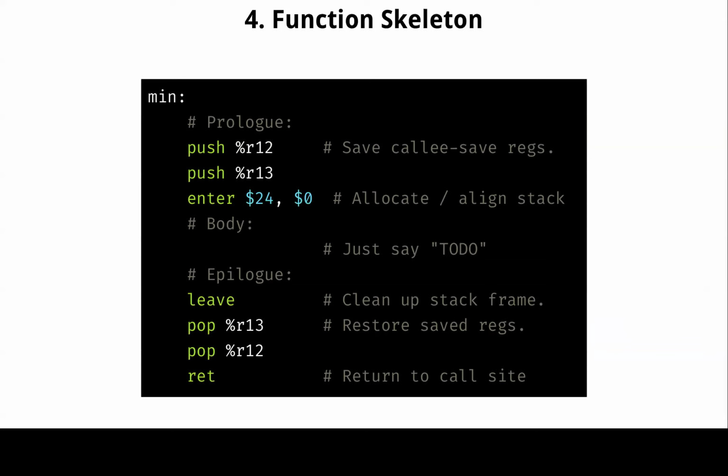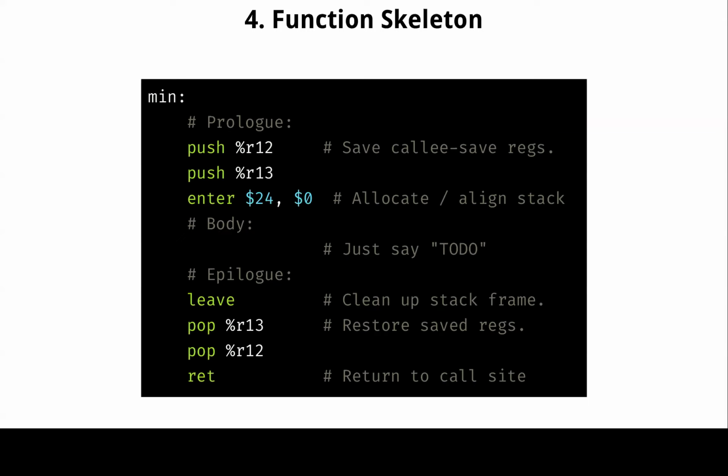Okay, so here is one example. We're not implementing the body yet, just the prologue and epilogue. This function takes 2 arguments, 2 parameters. One is in RDI, another one is in RSI.